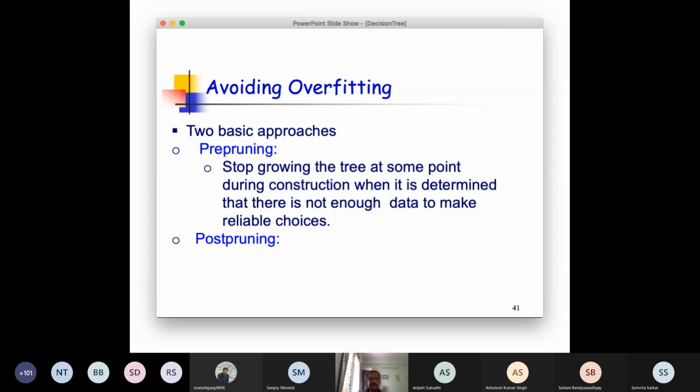If you also have a test data set, then in the overfit case you will find that if you run that decision tree over the test data set and predict the levels, the error is quite high, quite significant. That is because of the overfitting.